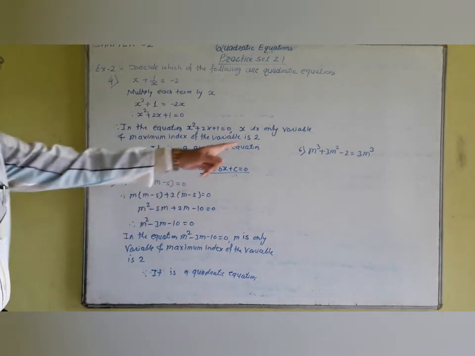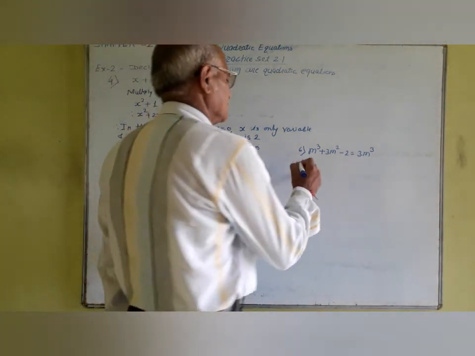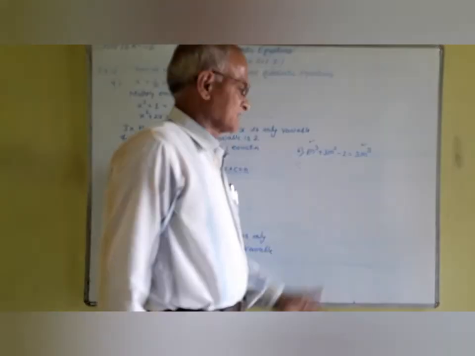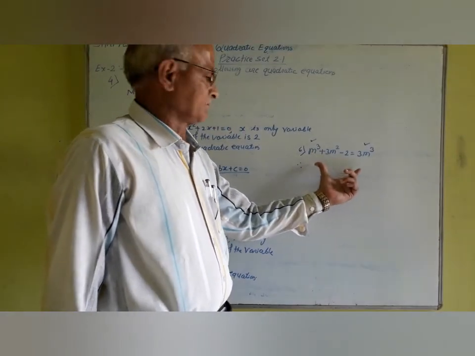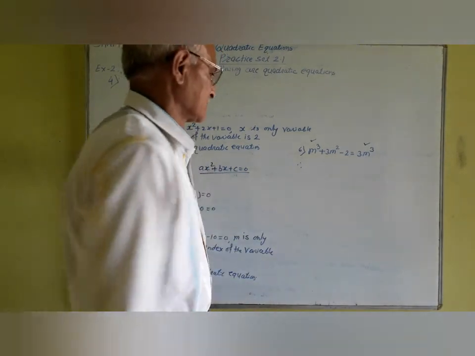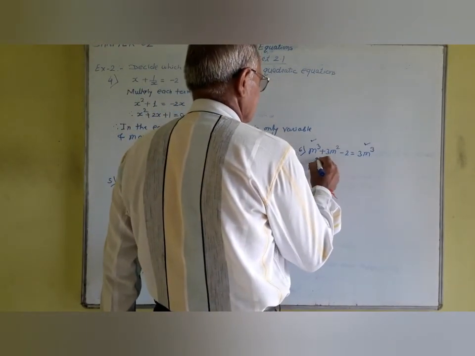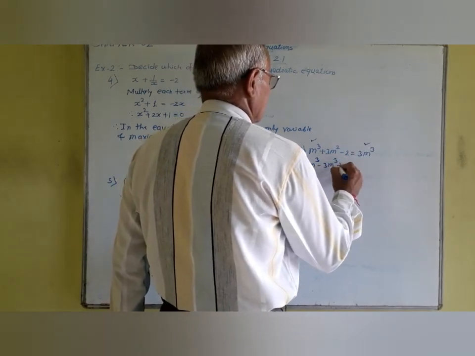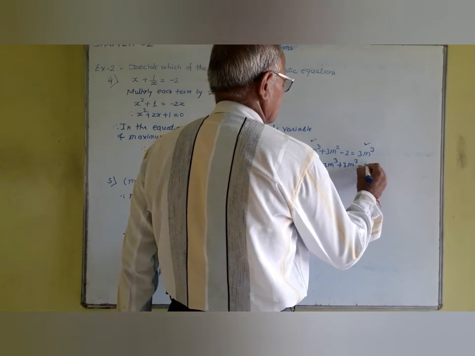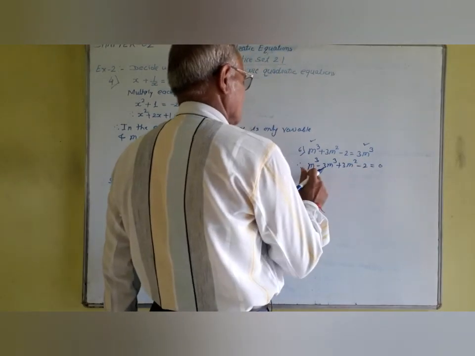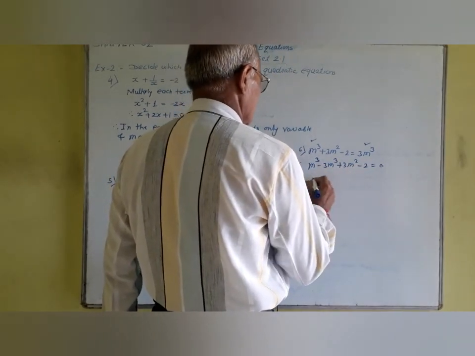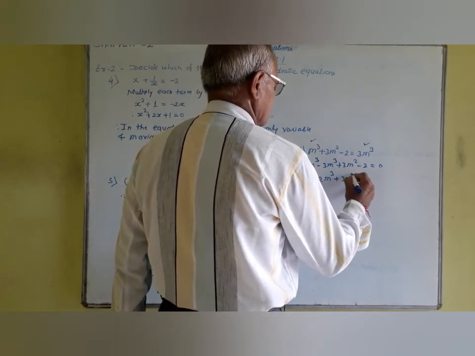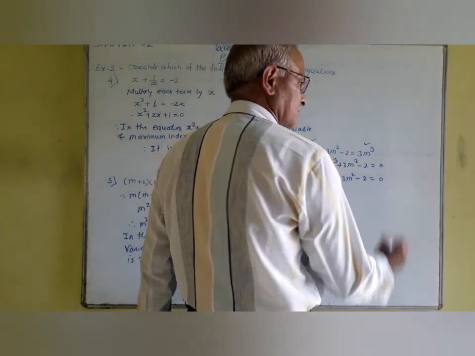Now sixth example. In this example, here is m cube and here is also 3m cube. They are like terms, and you know that we can simplify like terms. m cube, 3m cube taken to the left side becomes minus 3m cube, plus 3m square minus 2 is equal to 0. m cube minus 3m cube is equal to minus 2m cube, plus 3m square minus 2 is equal to 0.